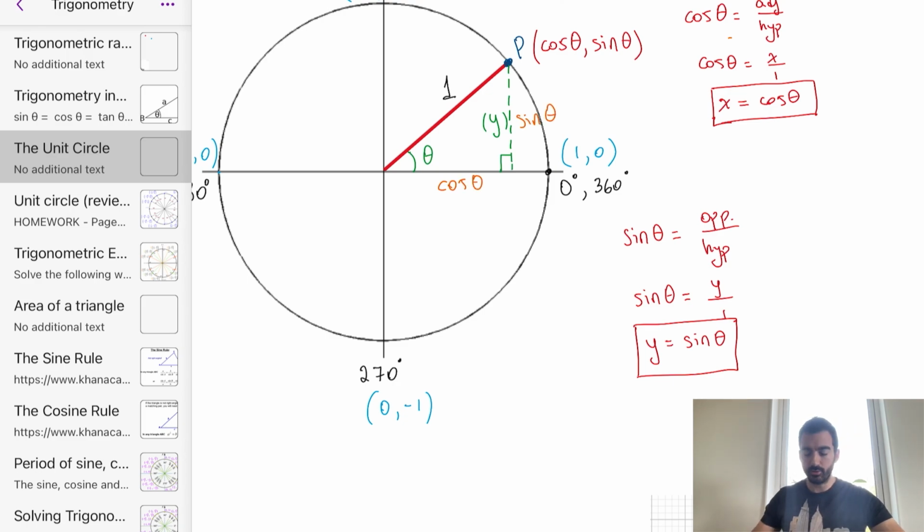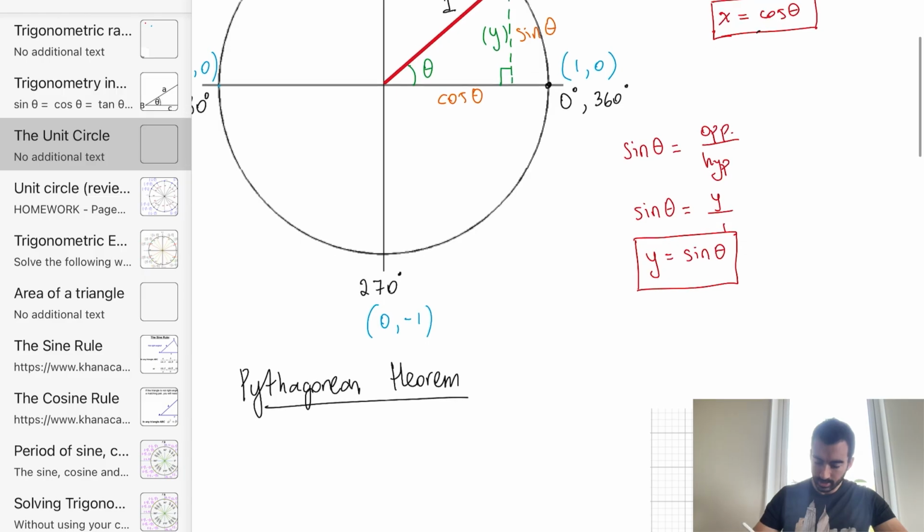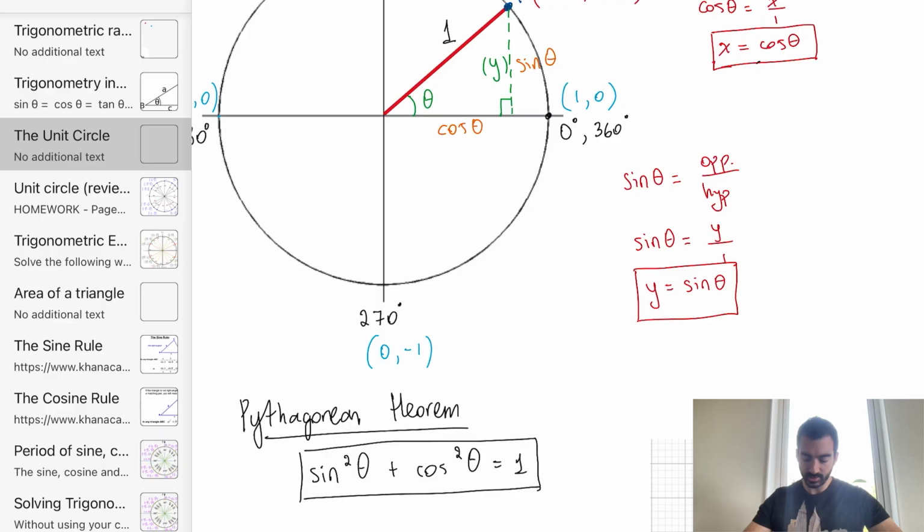Using the Pythagorean theorem, I conclude that sine squared theta plus cos squared theta is equal to 1 squared, which is the same as 1. So I concluded this identity. Sine squared theta plus cos squared theta is equal to 1, where 1 is the hypotenuse and also the radius of this unit circle.